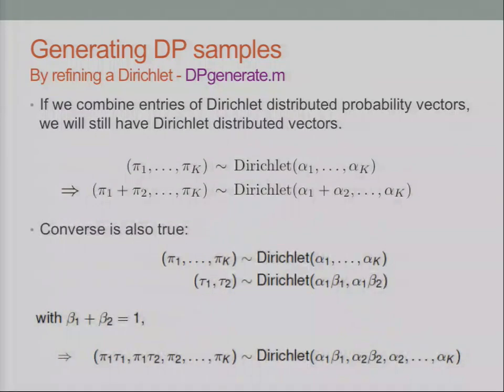So you can have a vector of k dimensions, being Dirichlet distributed with alpha 1 to alpha k.